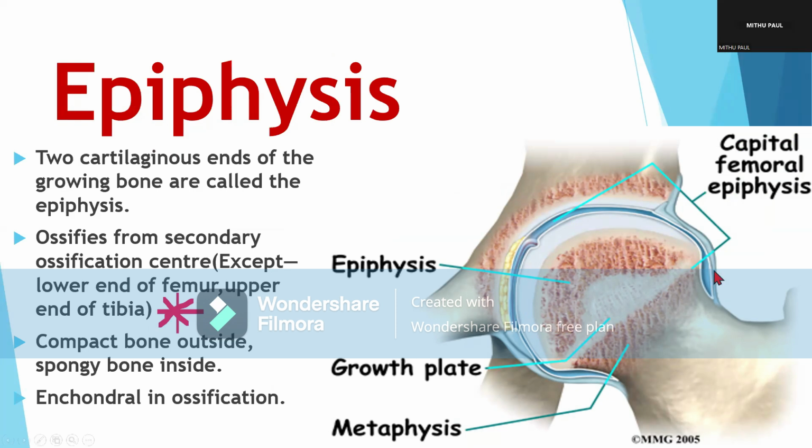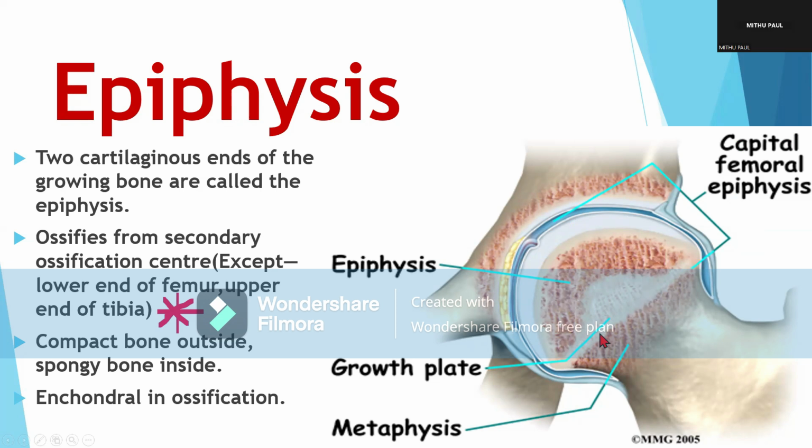developing from the secondary ossification center, appearing after birth. One exception is in the case of the lower end of the femur and the upper end of the tibia. They are secondary ossification centers but appearing before birth. They are mainly formed of spongy bone, as you can see inside, and a layer of compact bone outside.